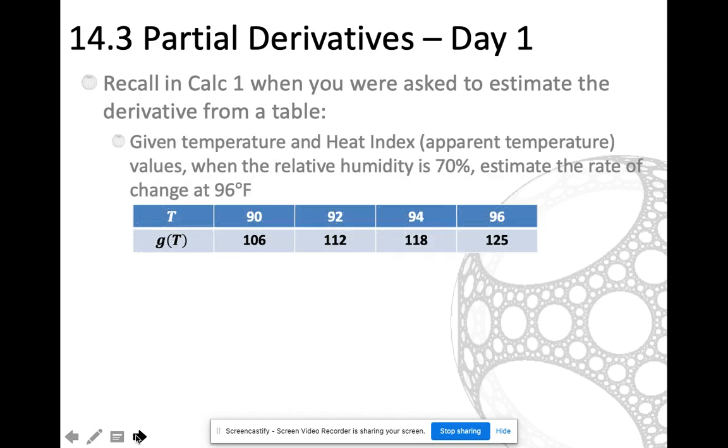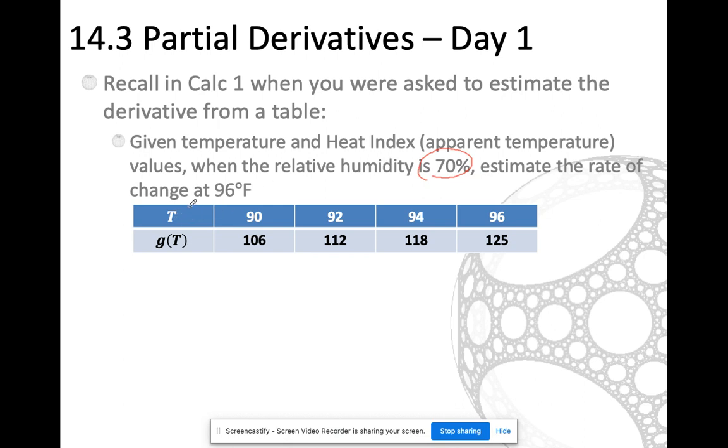So given the temperature and heat index here, heat index is apparent temperature. I'm giving you just a two variable function, right? Calc 1, temperature and G of T. But when the relative humidity is 70%. So I need you to think about this.